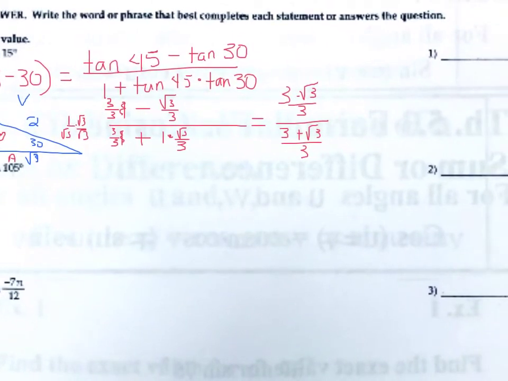Do you recall that when you have a fraction divided by another fraction, you can multiply it by the bottom reciprocal fraction? Okay, so that is the same thing as (3 minus square root of 3) over 3 multiplied by 3 over (3 plus square root of 3).